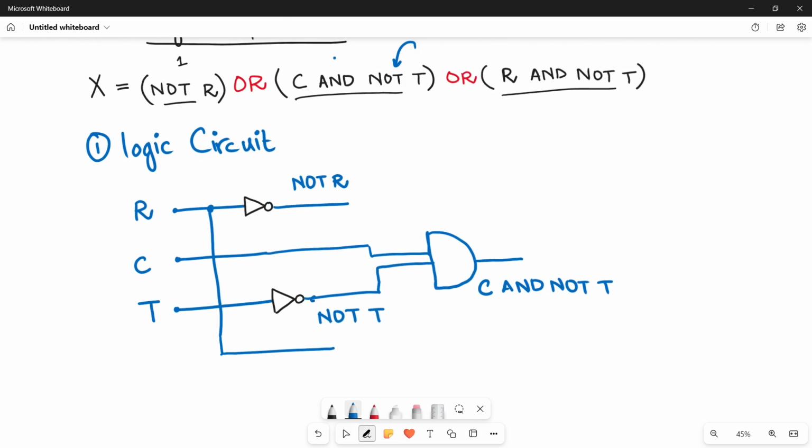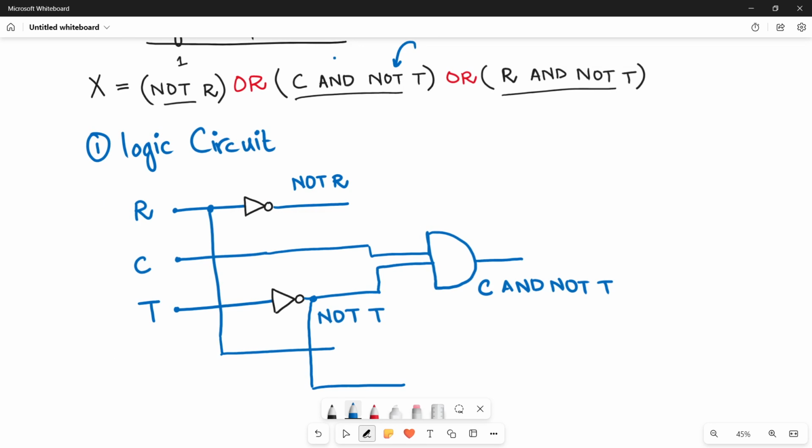So I can take a line from here. Since I have already passed T through a NOT gate for my previous bracket, I can use the same line of NOT T in this case.